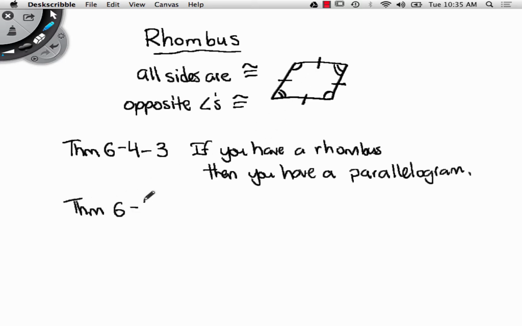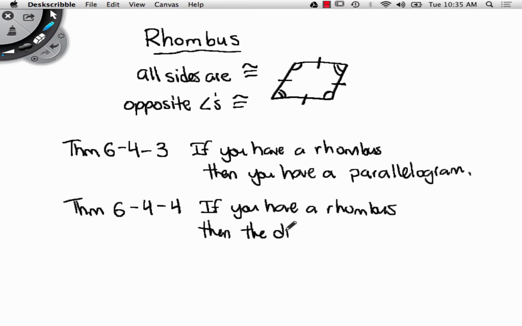Theorem 644 says if you have a rhombus, then the diagonals, now don't say anything yet, I'm going to draw another rhombus right here. So here's another rhombus.